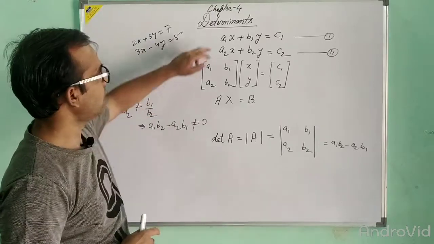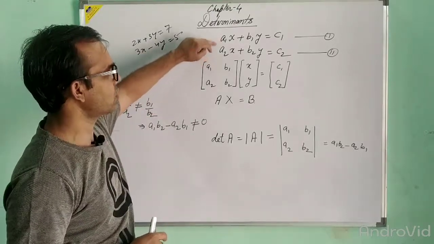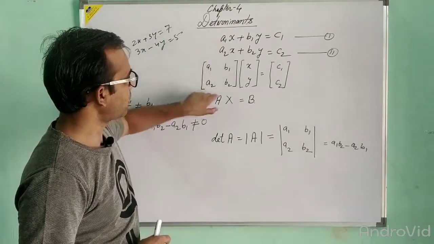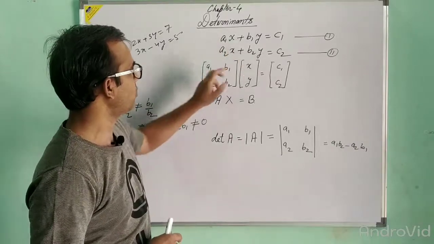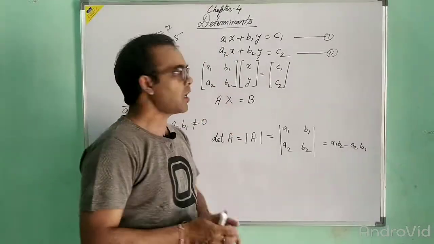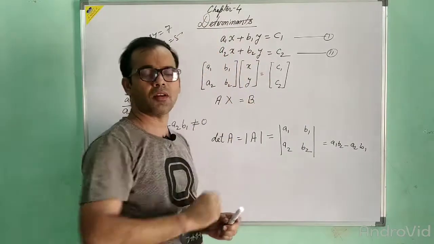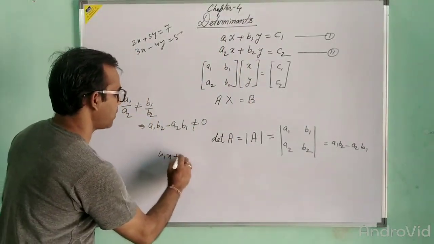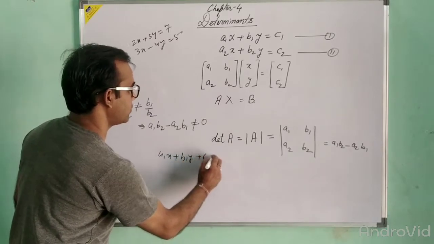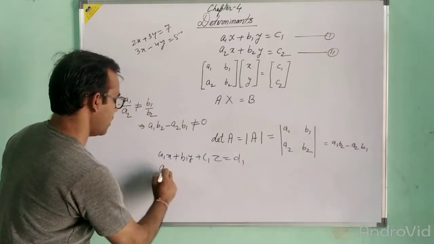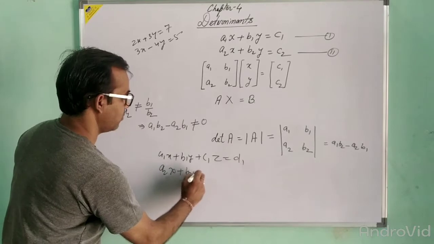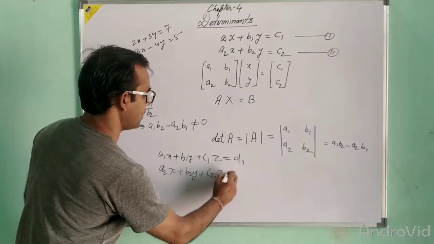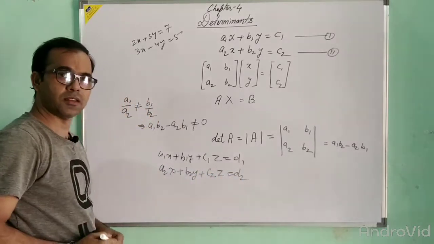So in this way, we see that there are two equations, and matrix A will be a1 b1 a2 b2, which is a square matrix. Now suppose there is a third variable also, and the equations are a1x plus b1y plus c1z equal to d1 and a2x plus b2y plus c2z equal to d2.